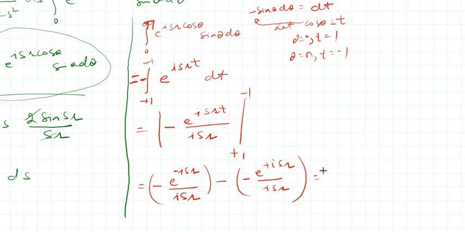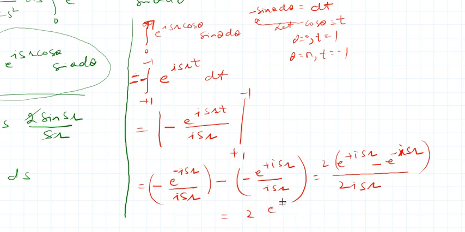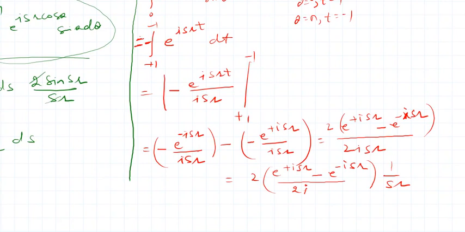So this part is e raised to power plus iota sr minus e raised to power minus iota sr, divided by iota sr. If I multiply and divide by 2, this becomes 2 times e raised to power plus iota sr minus e raised to power minus iota sr, whole divided by 2 iota, and 1 over sr, and the value of this will be sine sr. So it is 2 sine sr over sr, right?